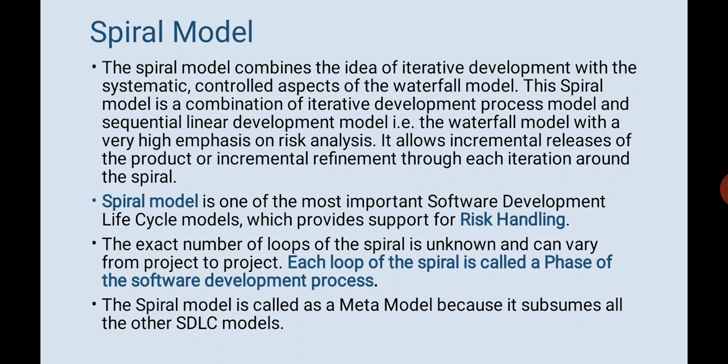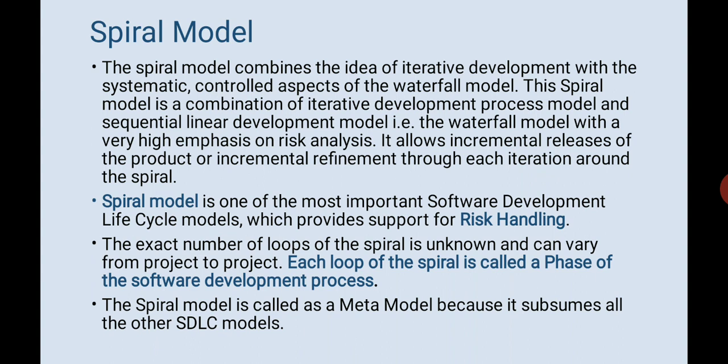The exact number of loops of the spiral is unknown and can vary from project to project. Each loop of the spiral is called a phase of the software development process. So one loop means one phase. The spiral model is also called a meta model because it subsumes all the other SDLC models.